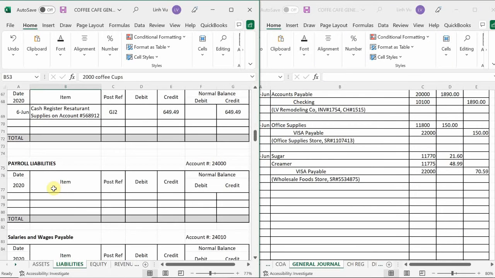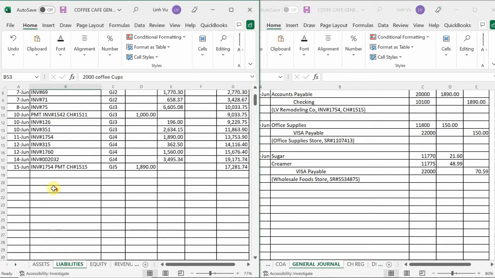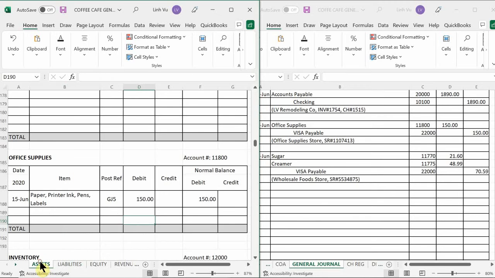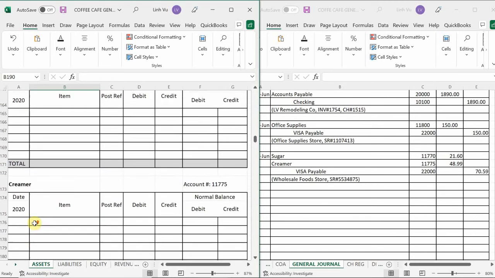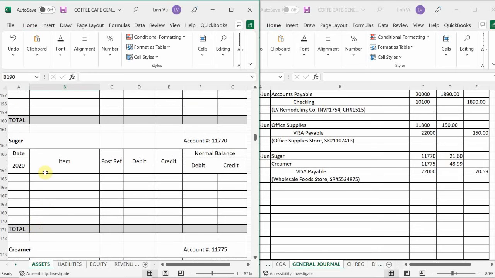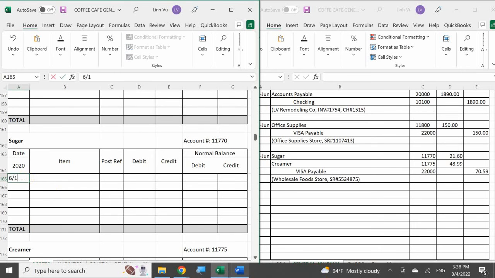And then we go to the sugar we bought, 1 pound.